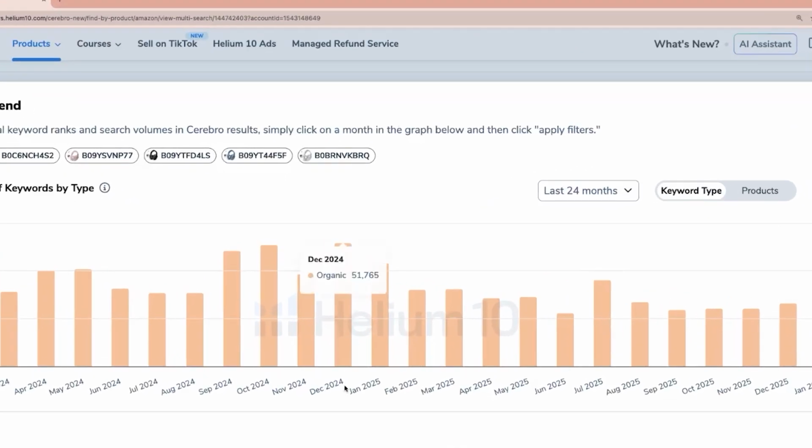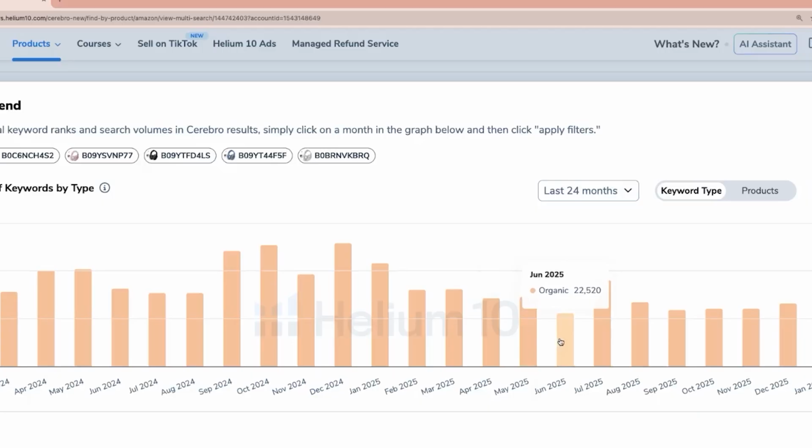So December of last year, there were 51,765 organic terms that we were ranked for. And then in January we went down to 43,415. February was 32,000. March was also 32,000. Then it went down to 28,000, 29,000.